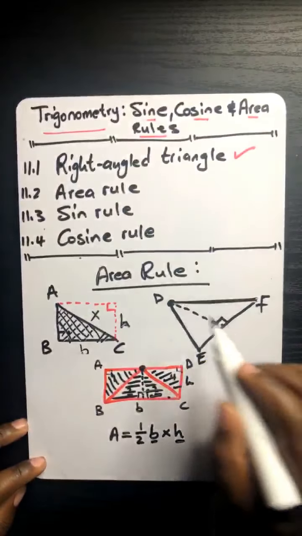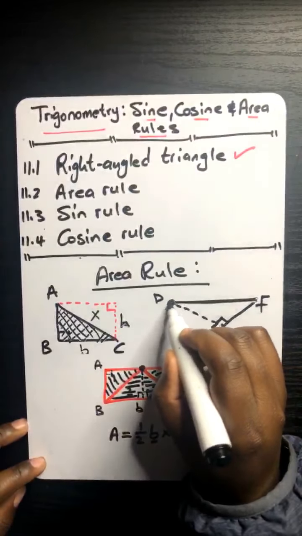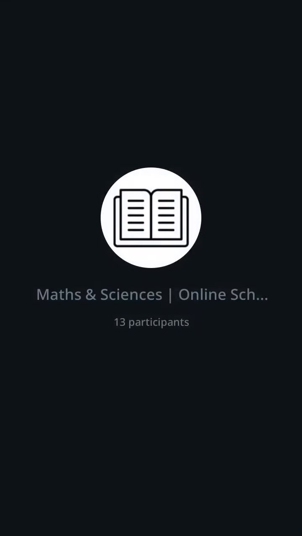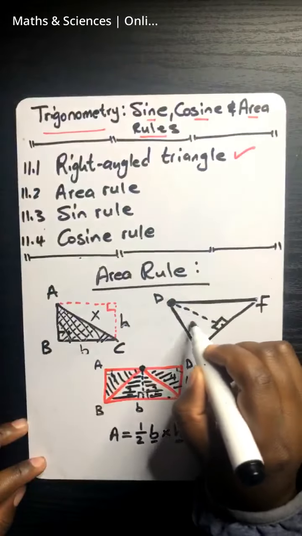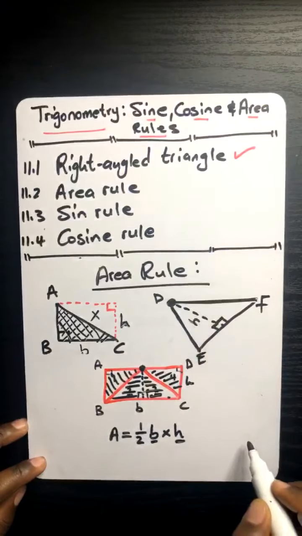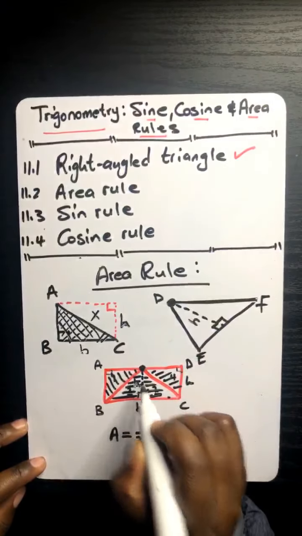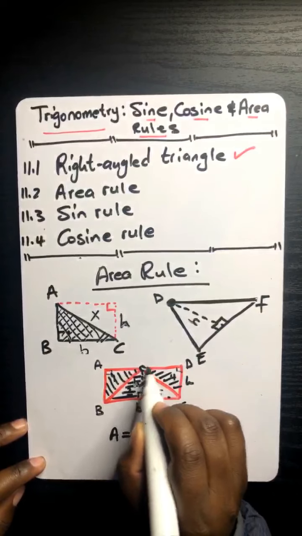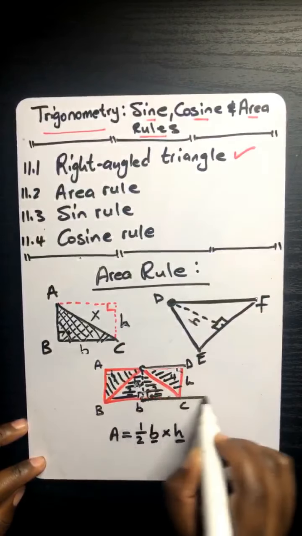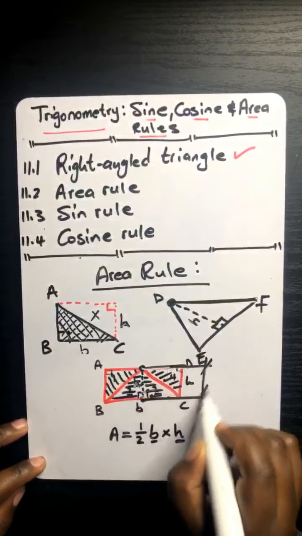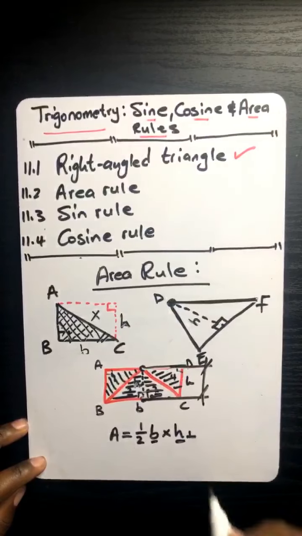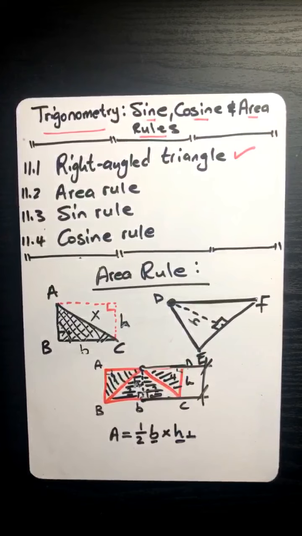No, the h is the one from where these two lines join, and then you do a dotted line. That is the vertical h that we are talking about. Very important, ladies and gentlemen.